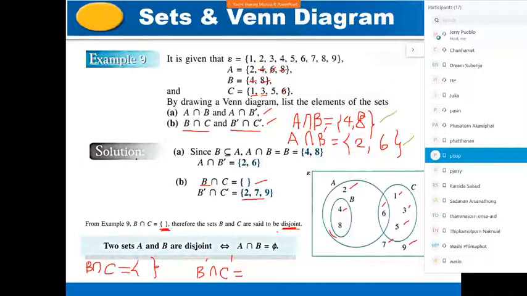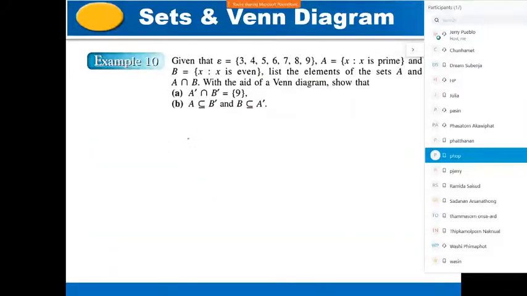That's why disjoint; the prefix dis means the opposite of joint. Or we can write A intersect B equals the empty set. This symbol is another way to write the empty set, or we can write a symbol with no element inside. This is also equal to the empty set. Next, example number 10.